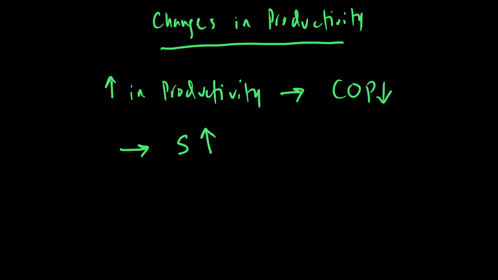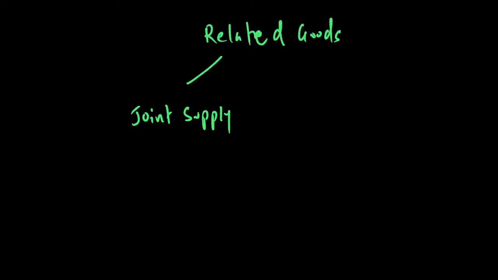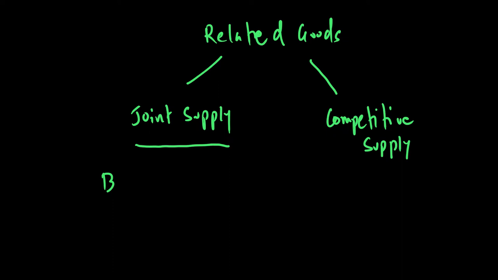Another important factor that we would like to discuss is changes in the price of related goods. When we look at related goods, we're looking at two kinds of goods. It could be what we call joint supply or competitive supply. What do we mean by joint supply? Well, joint supply simply means that when two goods are jointly supplied, there must be a byproduct.